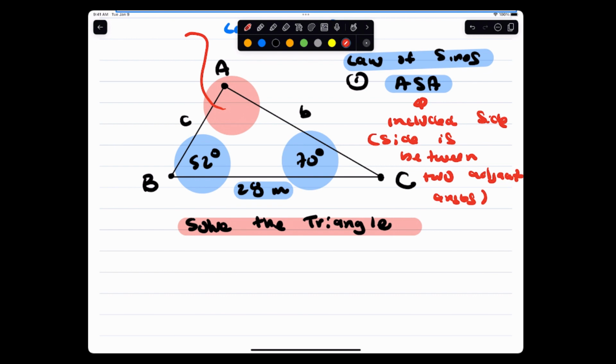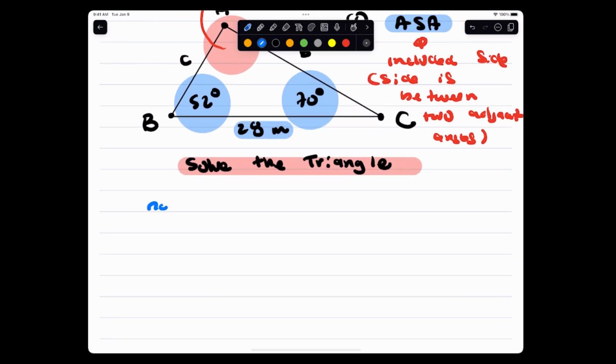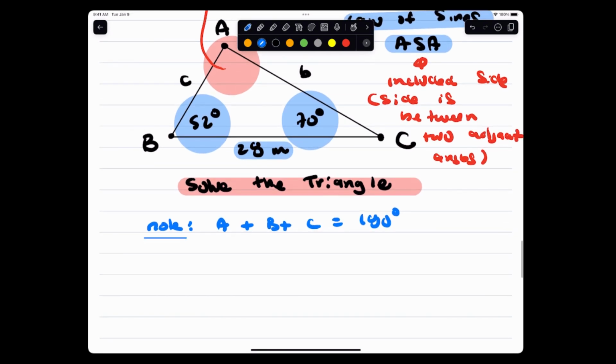Let's write this detail. I'm going to give you guys a note here. What is the sum of the angles? Is it 180? Did you guys agree with that? So what they're saying is that angle A plus 52 degrees plus 70 degrees is equal to what? 180.